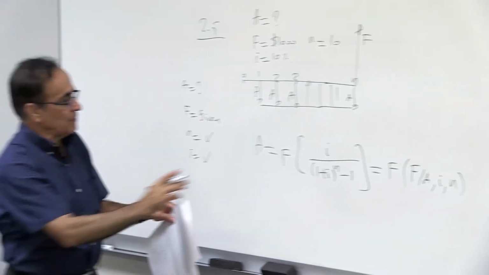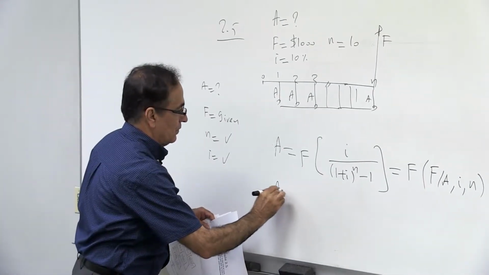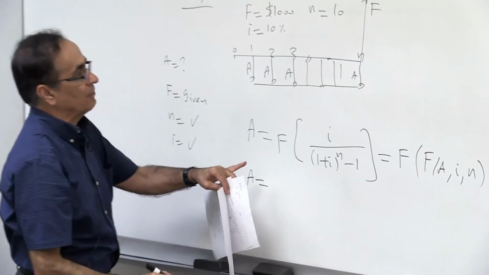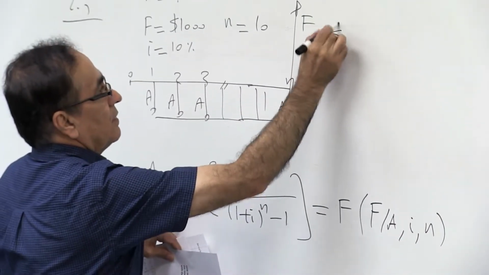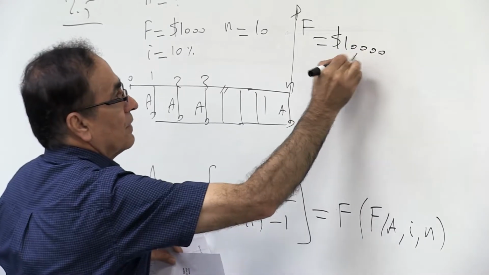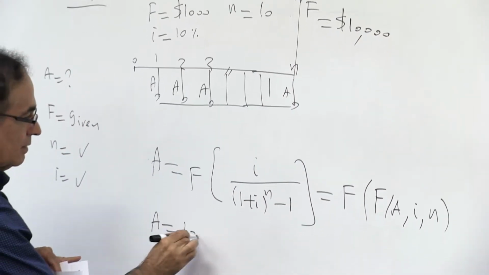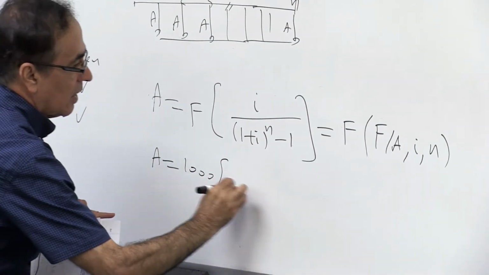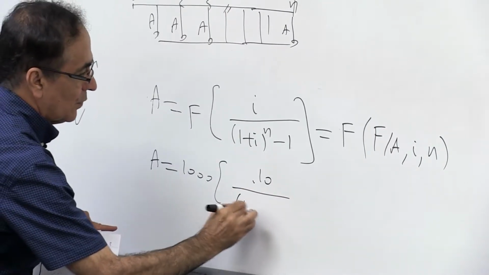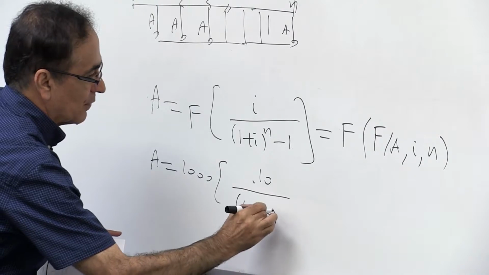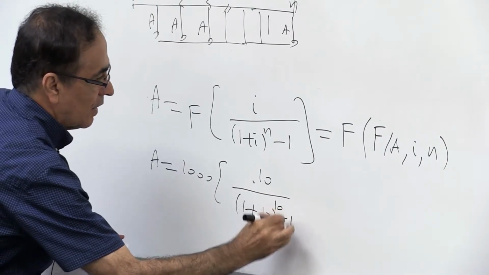So I'm going to use the equation first, then we're going to use the table. The A is going to be equal to the future value, which is 10,000. That's given. Times i, which is 10%, over (1 plus 10%) to the power of 10 minus 1.